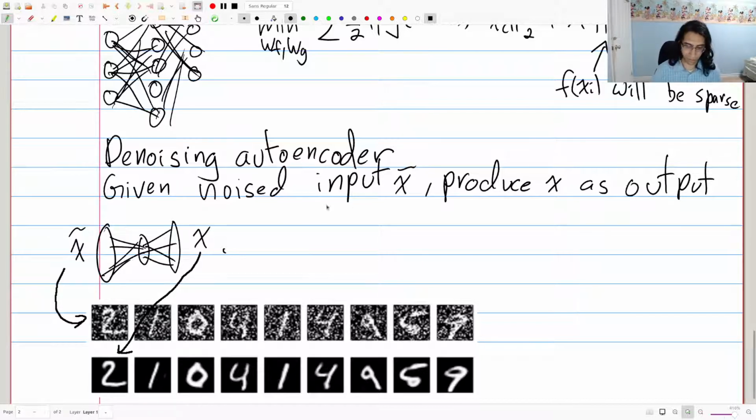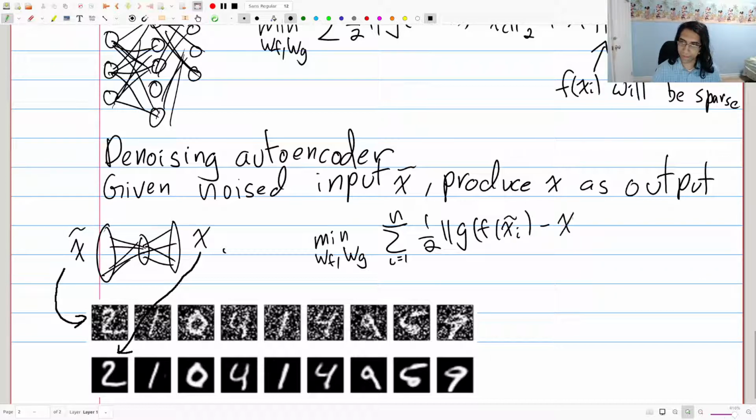So let's write this as a loss function. We're trying to minimize over W_F, W_G, the summation i equals 1 to n of this sort of function.